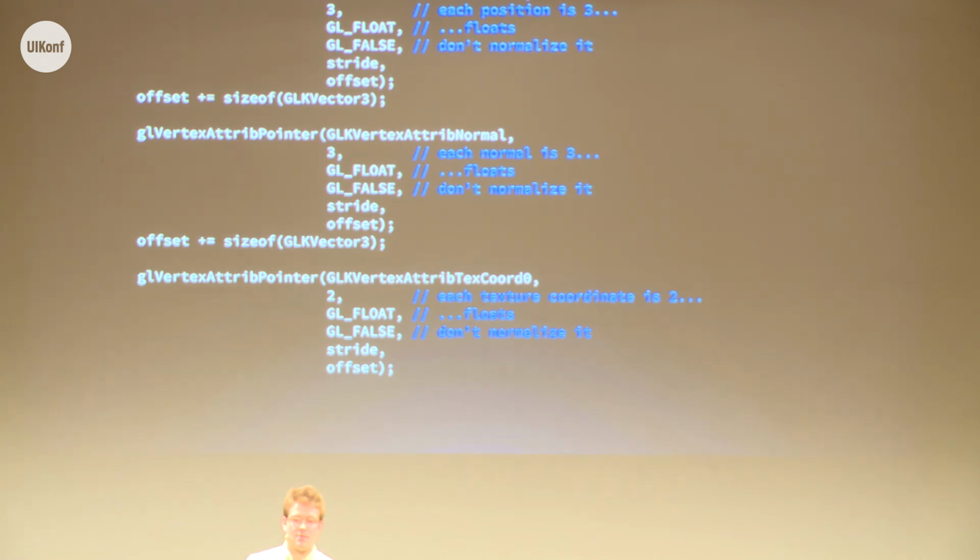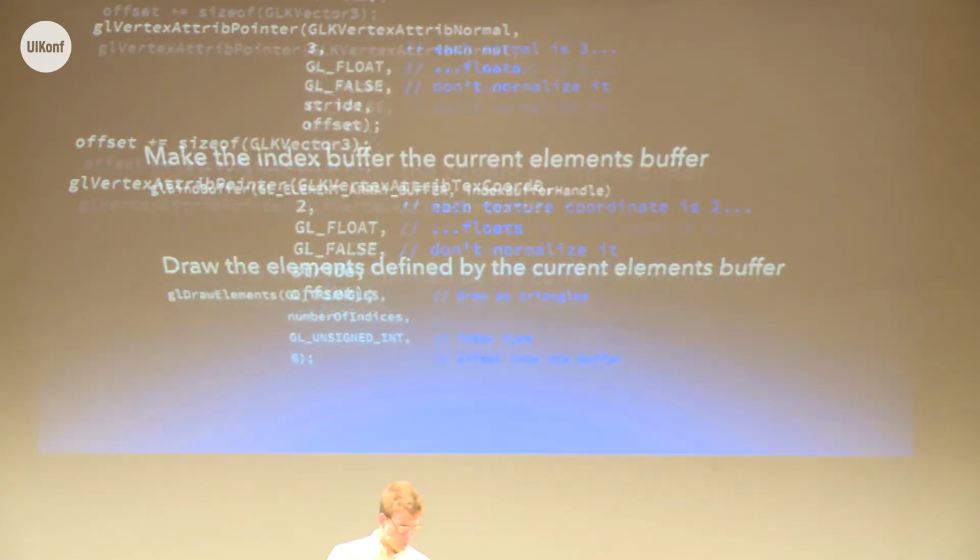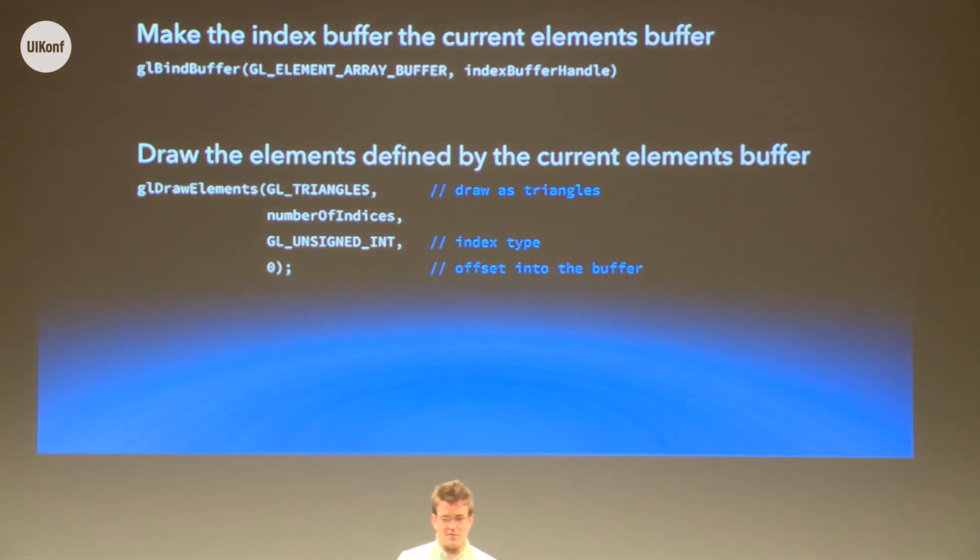So the very, very last thing that we do is it's time for us to draw everything. So we bind the index buffer as the element buffer, and we tell OpenGL to draw all of the elements that are defined in that index buffer as triangles, and that each index is an unsigned int. That's the explanation we give of the index buffer, so that OpenGL can make sense of it.